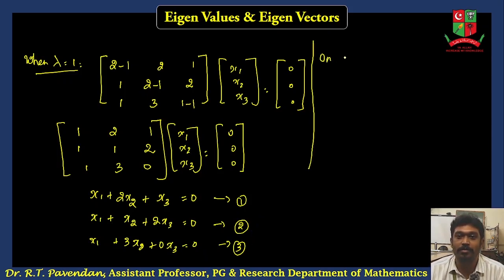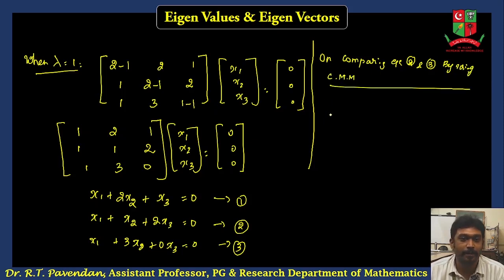So on comparing equations 2 and 3 by using the cross multiplication method, let us choose the coefficients of equation 2 and equation 3.